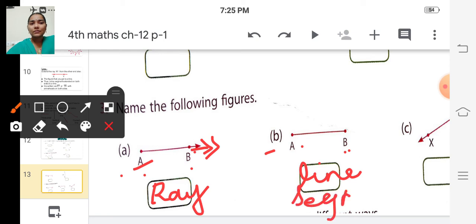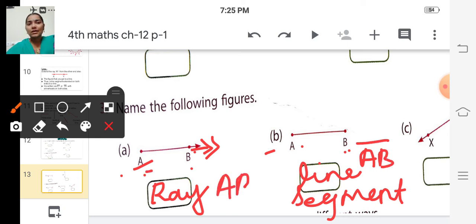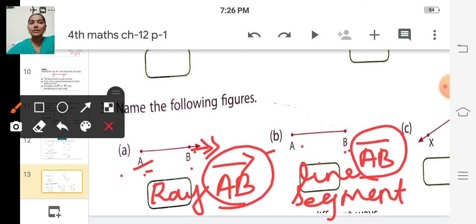It can be written as AB bar. And the ray can be written as AB with an arrow mark. You can write ray or you can write AB with an arrow mark.